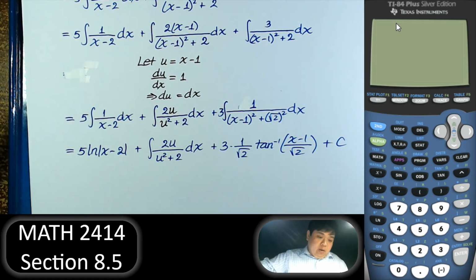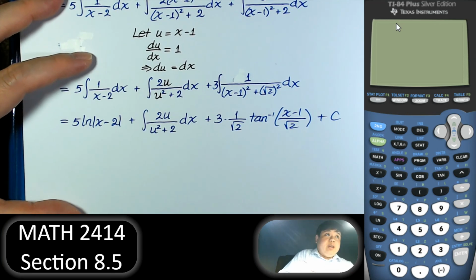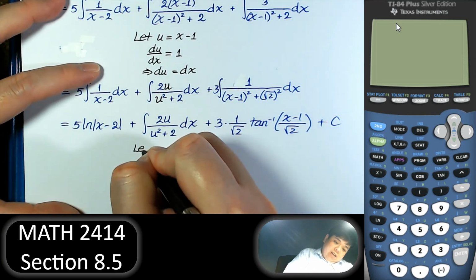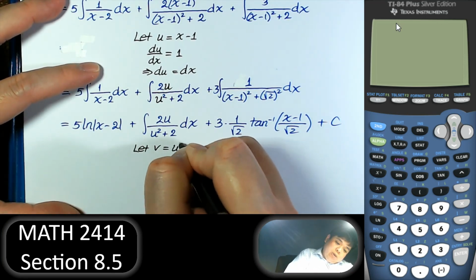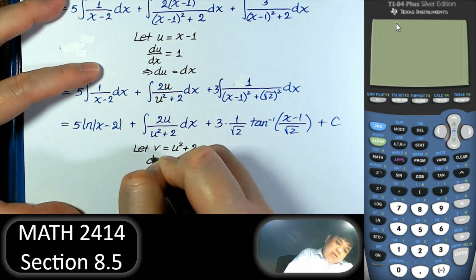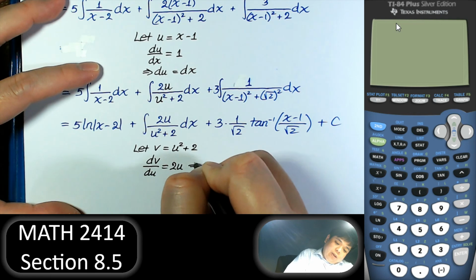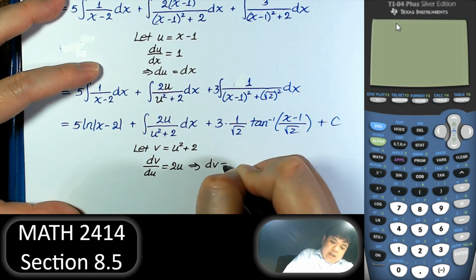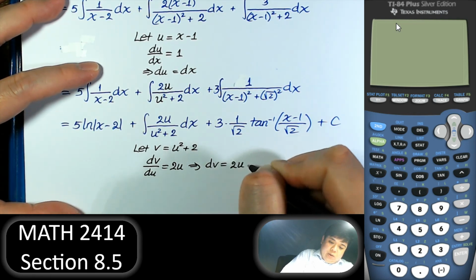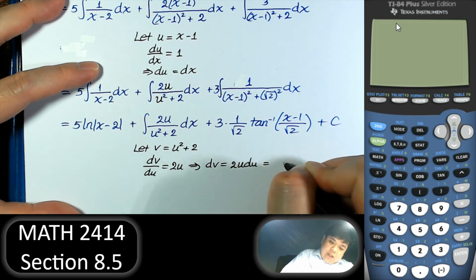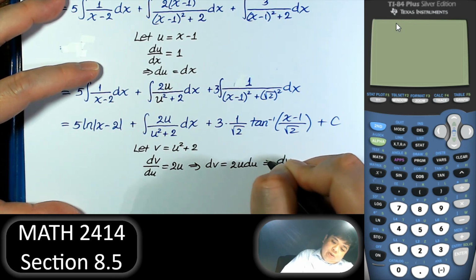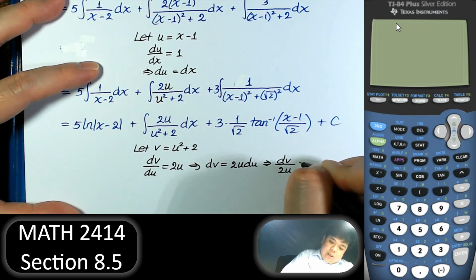Right, the middle one though, substitution once again. Let v equal to u squared plus 2. dv over du is 2u. So dv is 2u du. And dv over 2u is du.